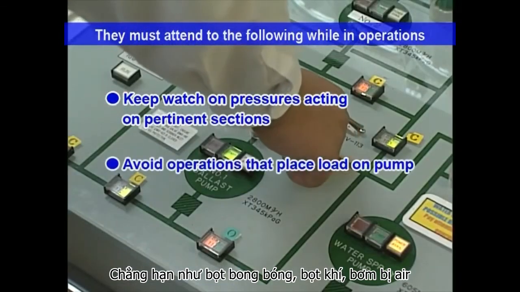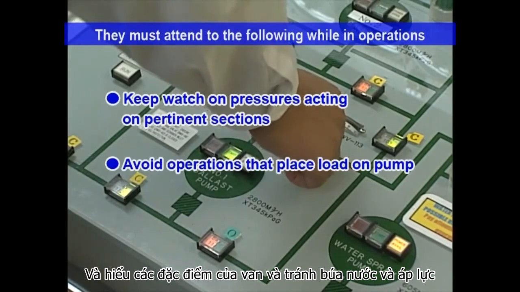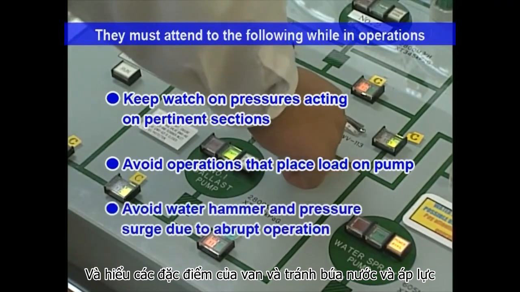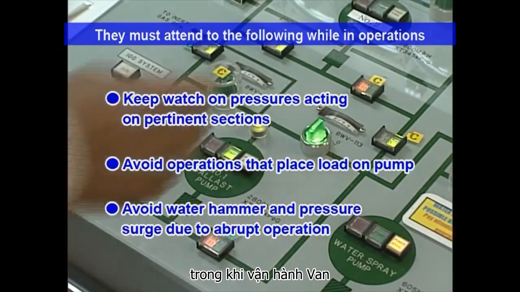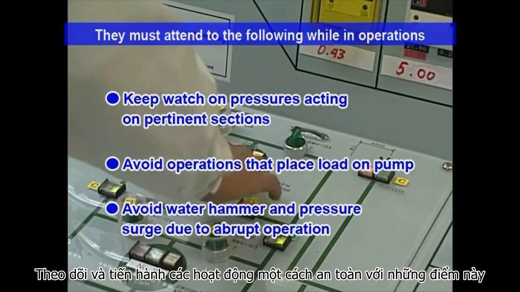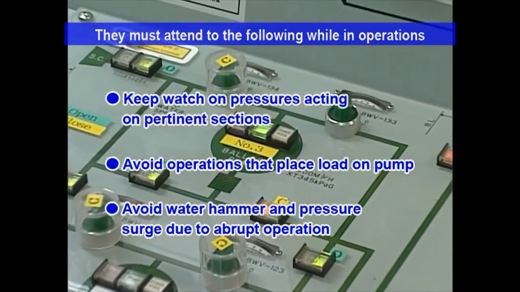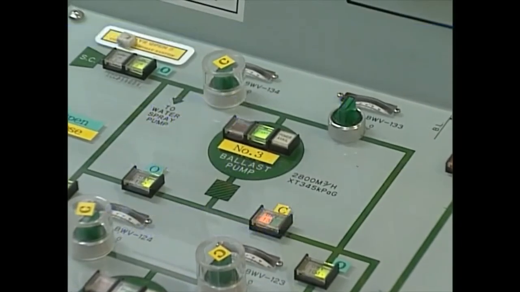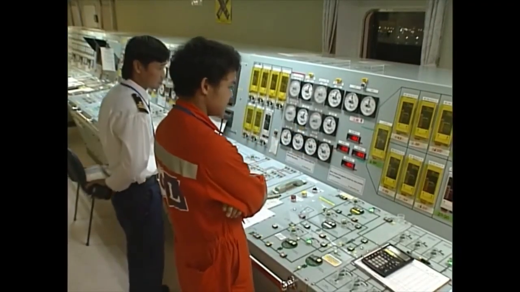Understand the pump's principle and avoid load-placing operations, such as cavitation and air drawing. And understand valve characteristics and avoid water hammer and pressure surge due to abrupt valve operation. Keeping an eye on and securely conducting operations with these points in mind is the key to ensuring safe ballast operations.